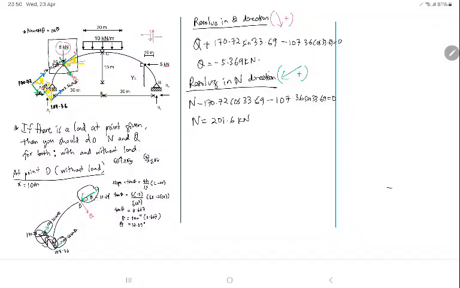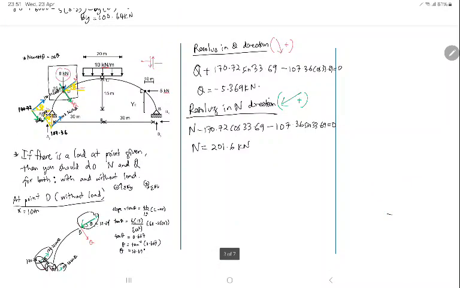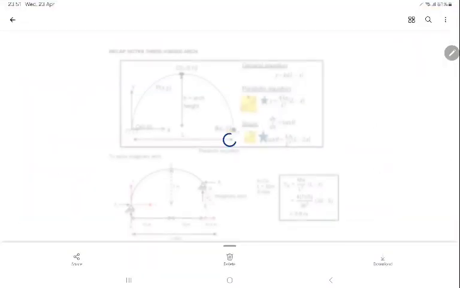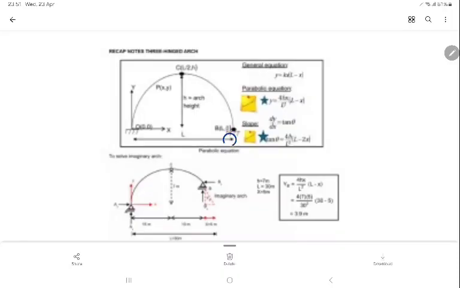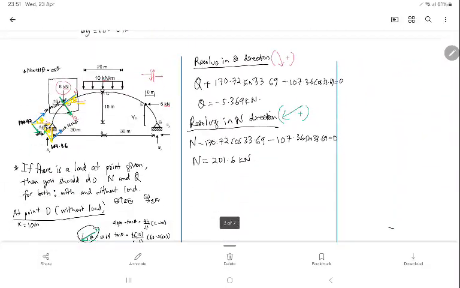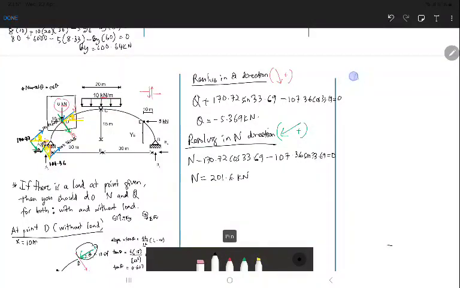So next, we do for point D. Point D is x equal to 10 meter with load.